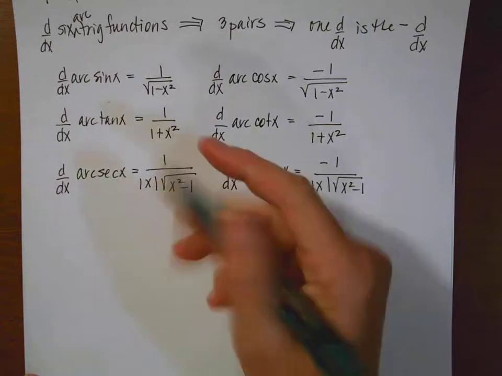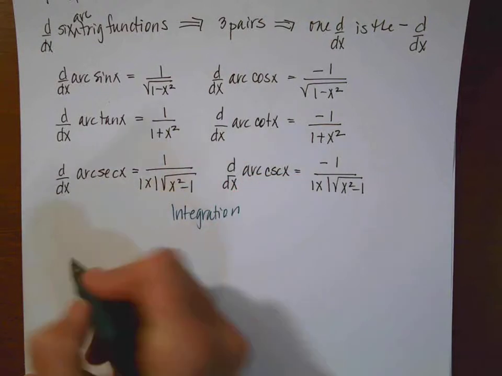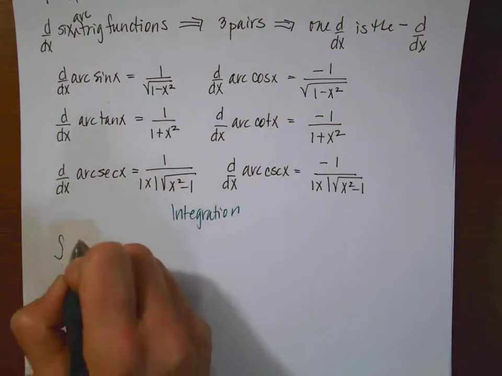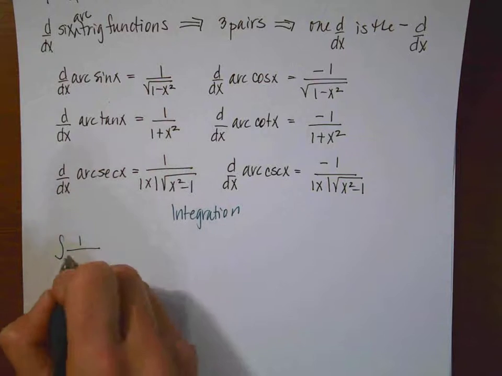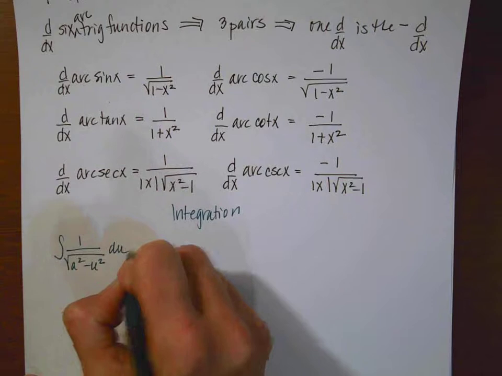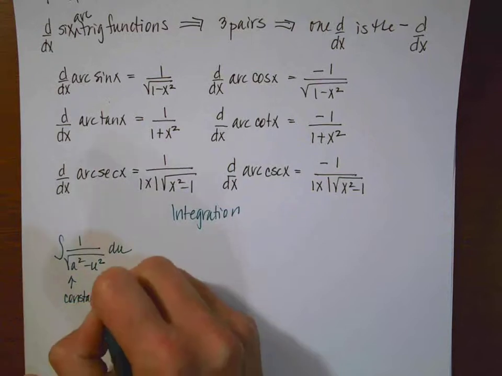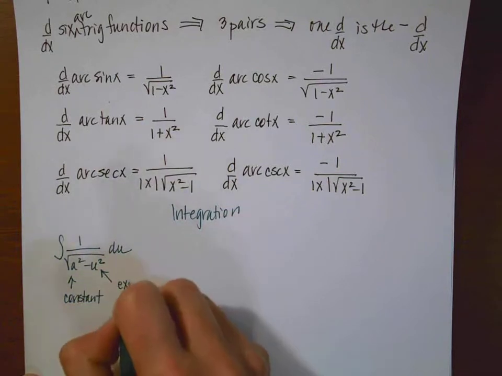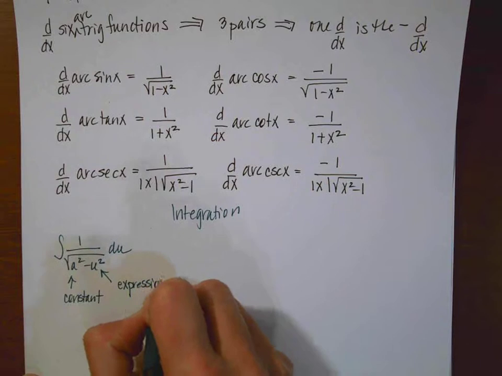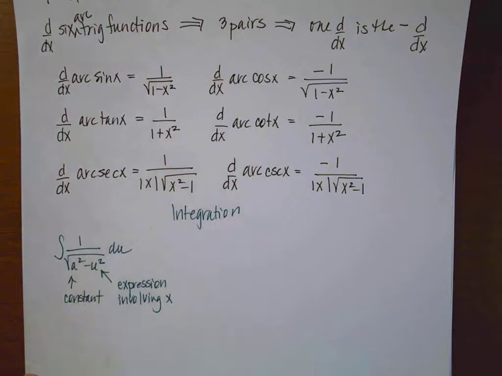So now I want to talk about the integration rules. So now let's do our integration. If I have the integral of 1 over the square root of a squared minus u squared du, in these, a is going to be a constant, and u is going to be an expression involving x, or some other variable.